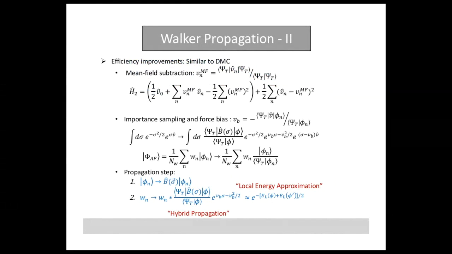So he called this the hybrid method, but it should really have been called the method, and this should be called the local energy approximation. You can show that this has smaller fluctuations, but it's usually nowhere near enough to pay for the cost of calculating the local energy.